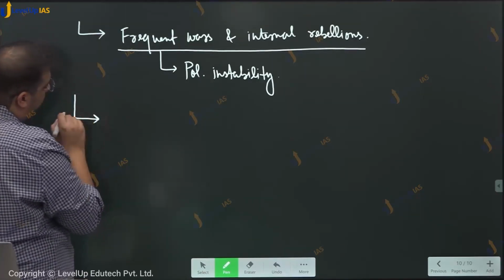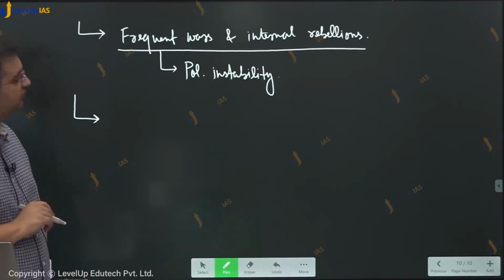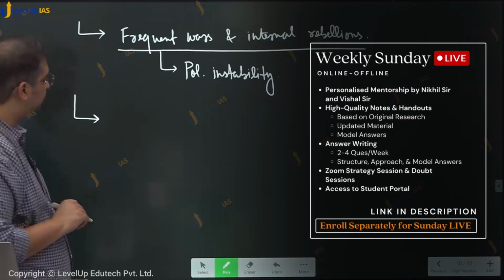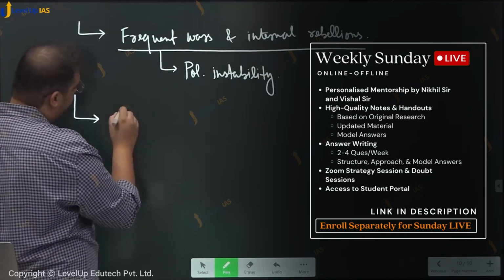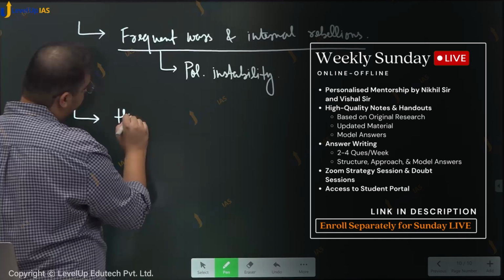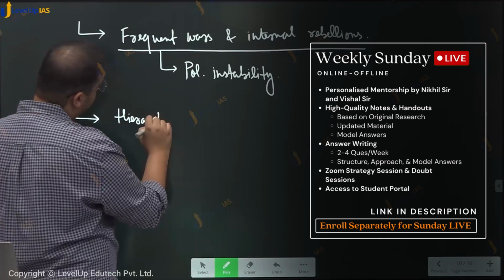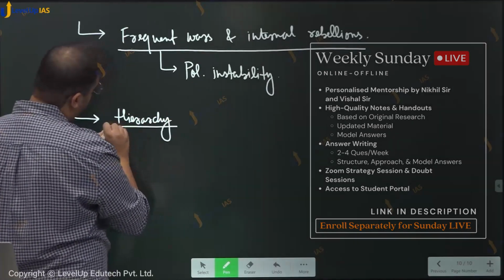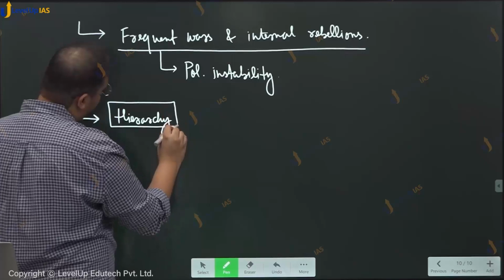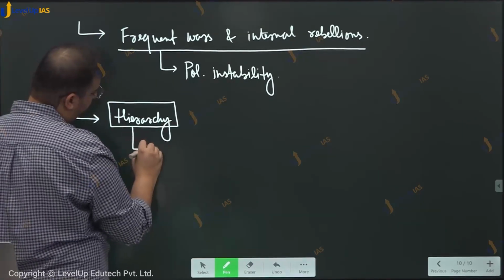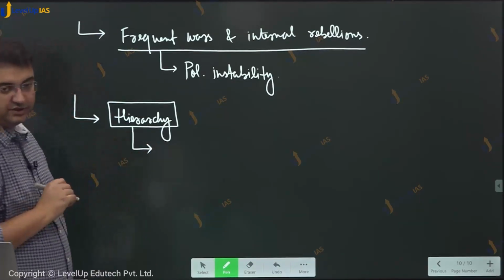Thirdly, these scholars also point towards the existence of a definite hierarchy in the political, administrative, economic and social structure.